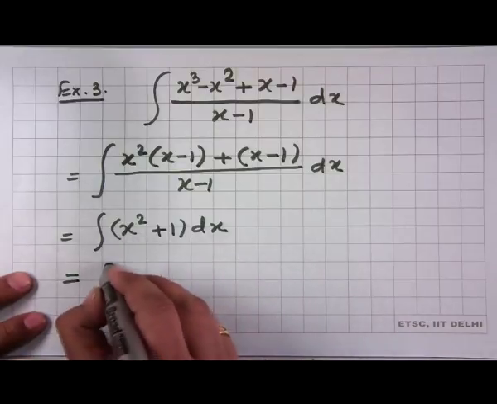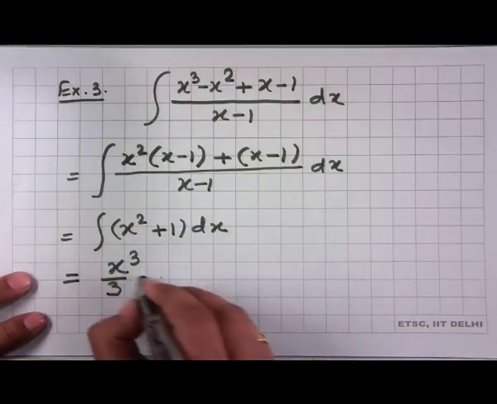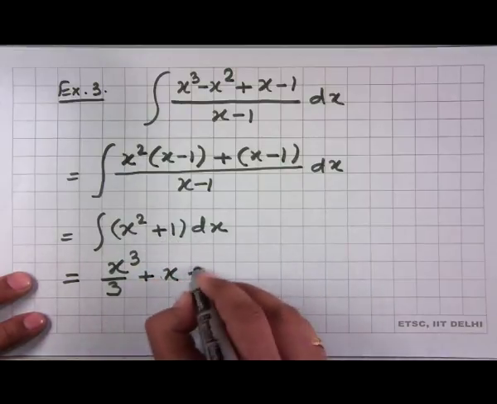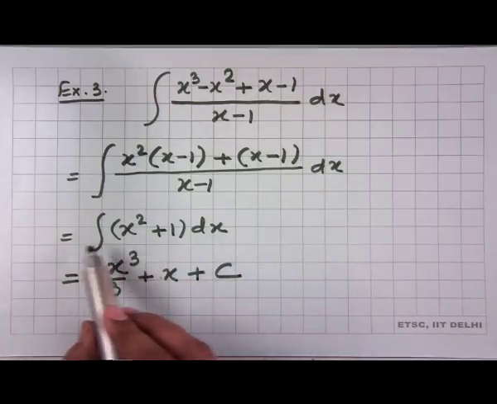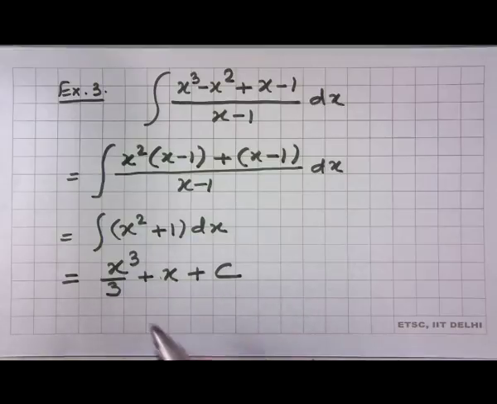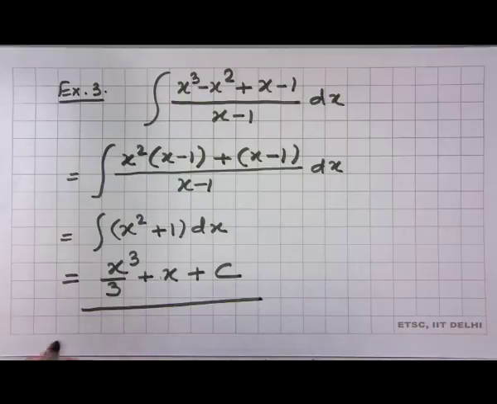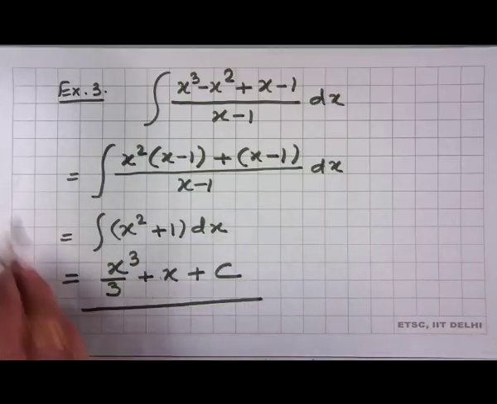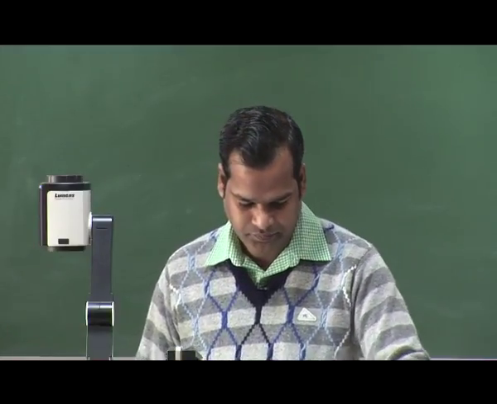The integral of x square is x cube by 3, the integral of 1 is x, and then a constant. Notice that we have not distributed the integral over the summation, we have directly written it. In due course of time, with practice, you can directly write the integrals, and we will omit all these integral details when we are evaluating the integral.